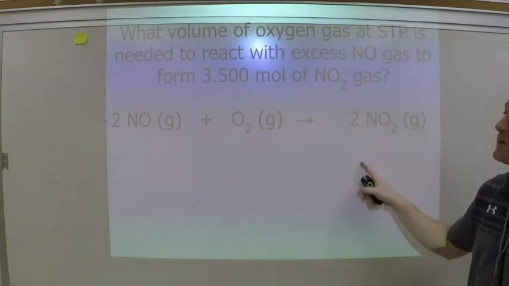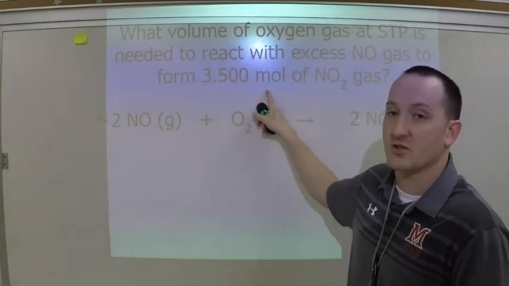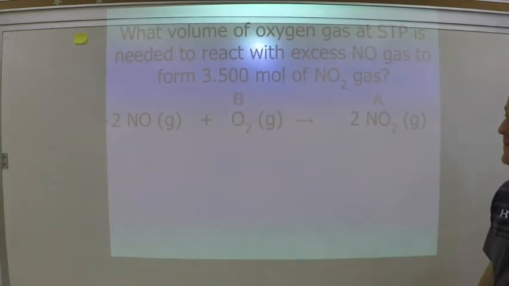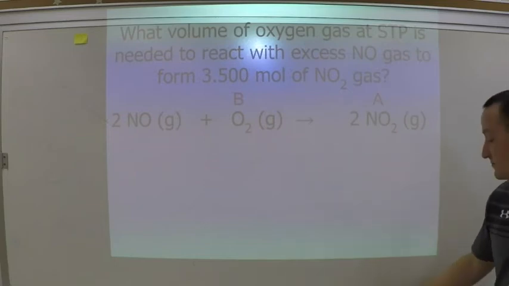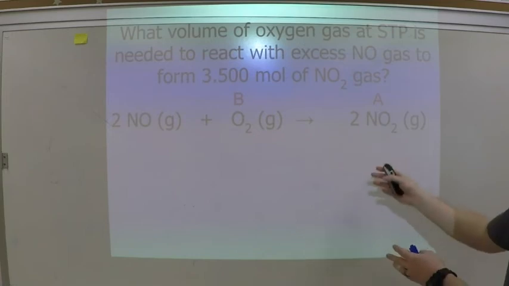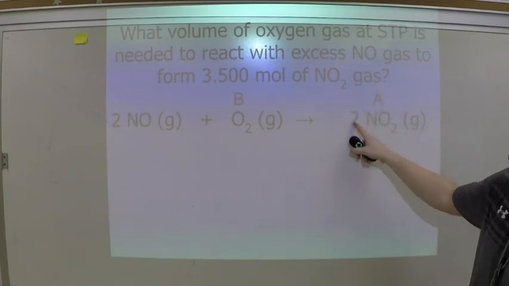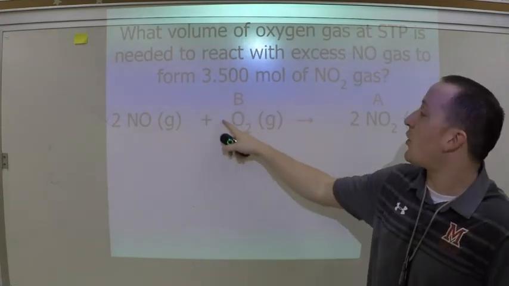So we know how much NO2 we have. That's our substance A. It says what volume of oxygen. That's our substance B. Now our next step is we go to our mole map and we look to see where we're starting, where we're finishing. So again, we are in moles of NO2. We need to go to volume of oxygen.